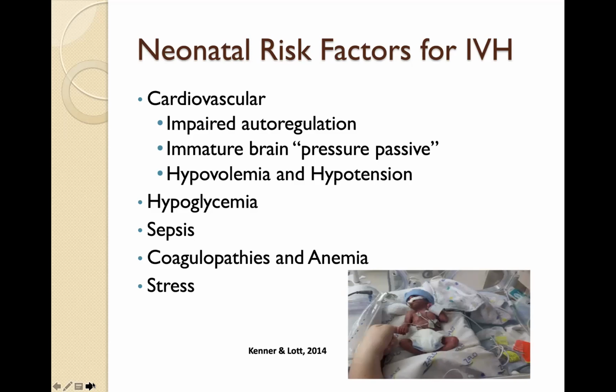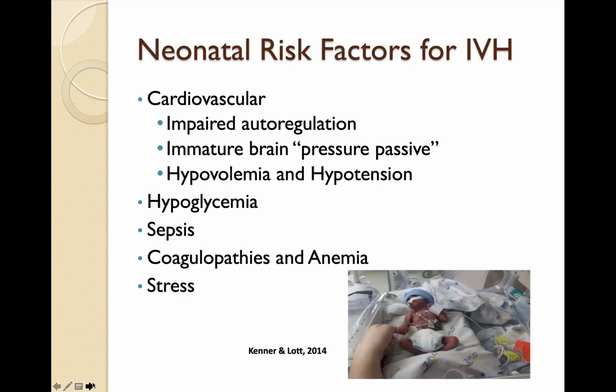So the cerebral blood flow is determined by moment-to-moment changes in the blood pressure. So when we're monitoring that blood pressure in these micro preemies, and who actually knows what a true adequate blood pressure is for these babies, when we're watching that change, we're also thinking about what's going on in that brain. So that's changing that cerebral blood flow moment to moment.